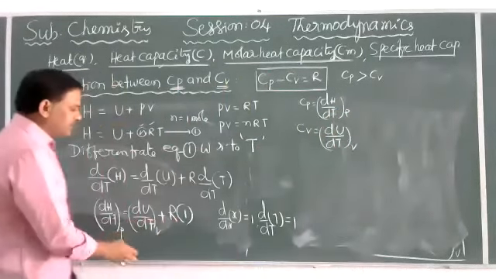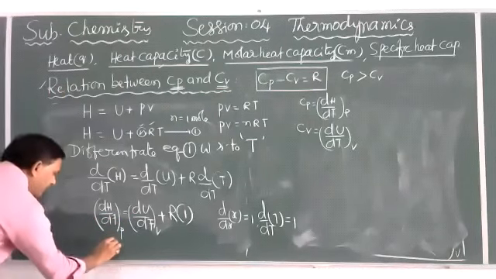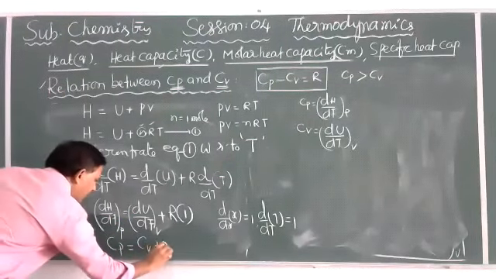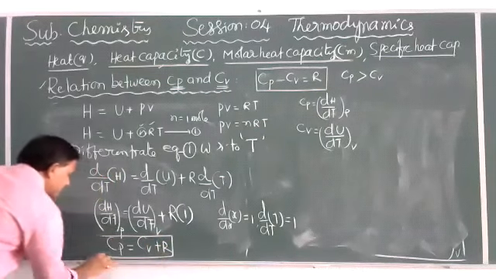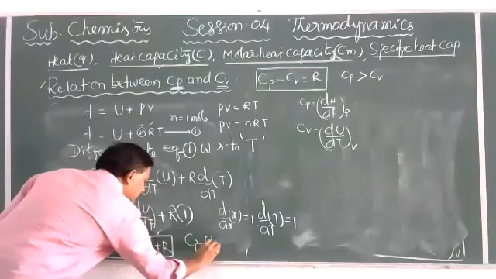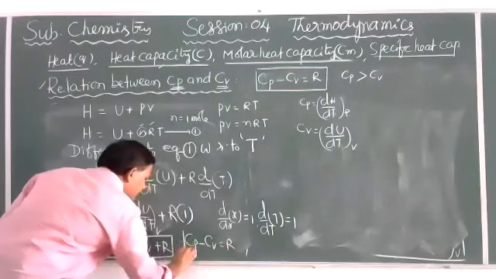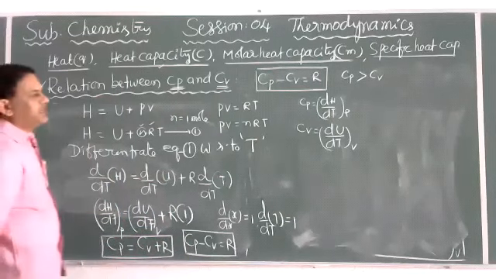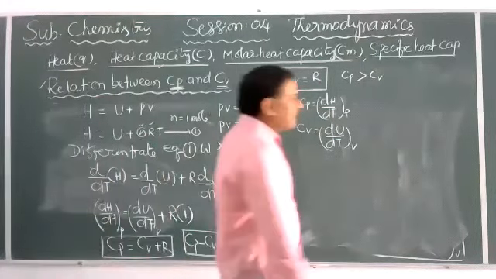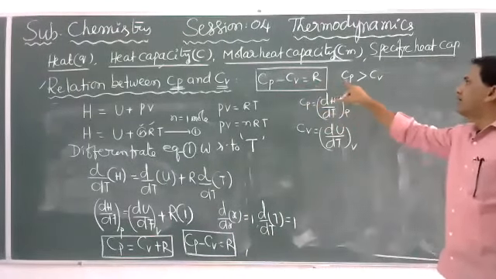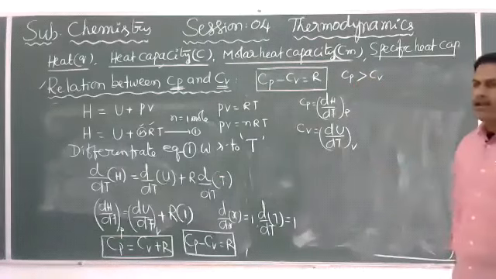Substitute those two values in this. We'll get Cp is equal to Cv plus R. This is the relation. Or we can write Cp minus Cv is equal to R. This is the relation between Cp and Cv. In this relation, Cp minus Cv equal to R, Cp is always greater than Cv.